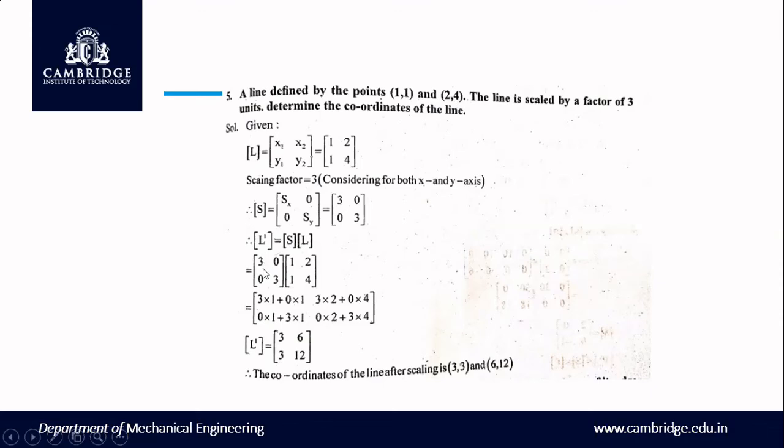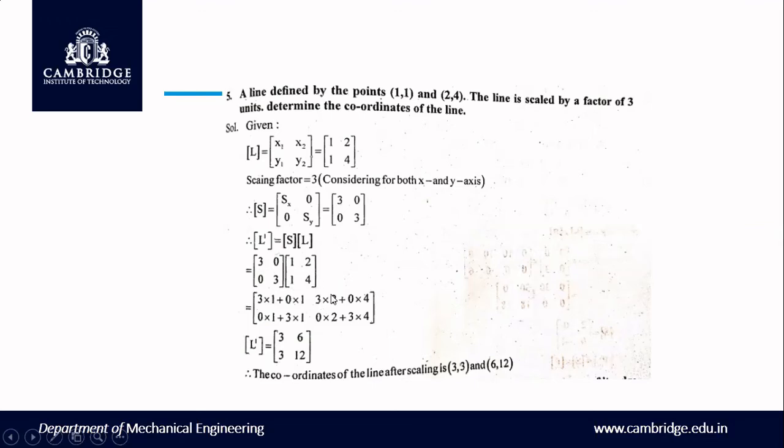That is, 3 0 0 3 multiplied by 1 1, that is 3 into 1 plus 0 into 1, and like that you have to do it.